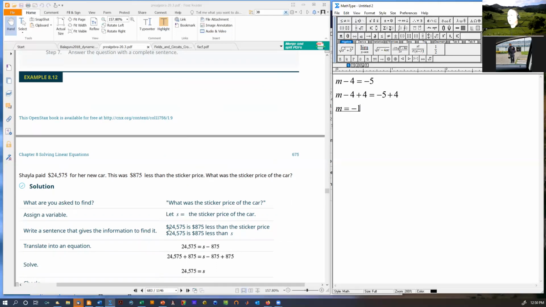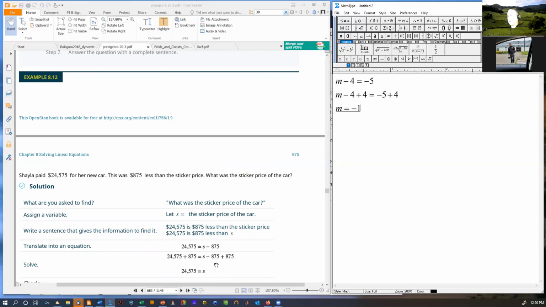And the sentence: $24,575 is $875 less than the sticker price. So that means $24,575 is equal to S minus $875, right? And now we use the equality property of addition, so we can add 875 to both sides.